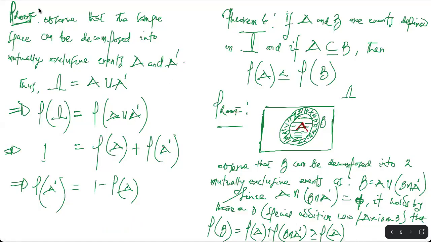And this is because the probability of B intersection A prime would always be non-negative.